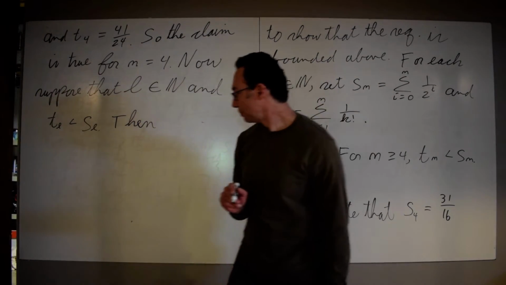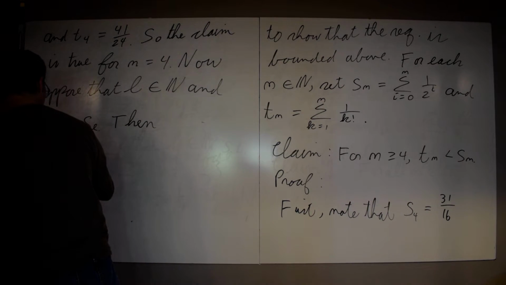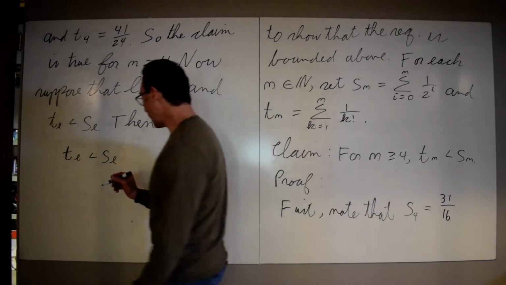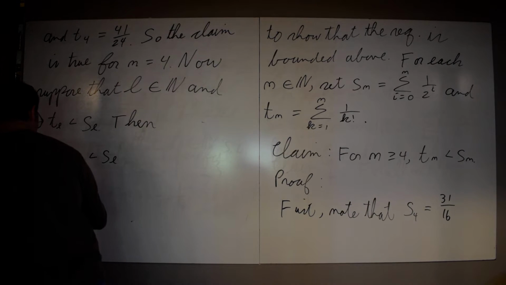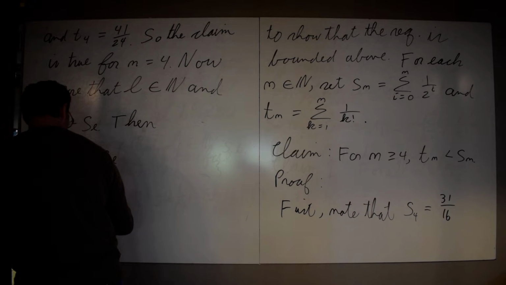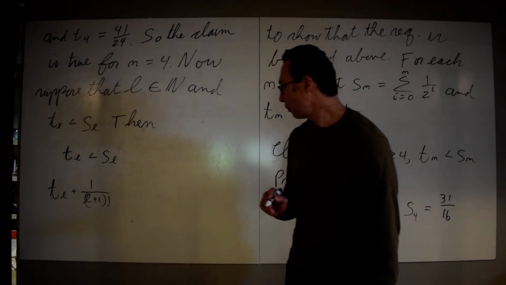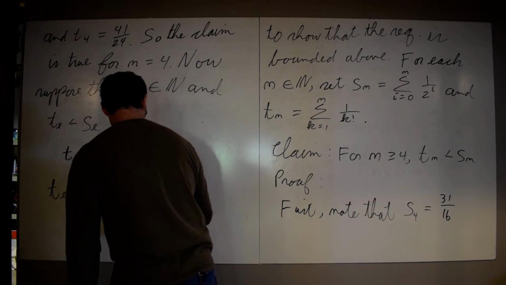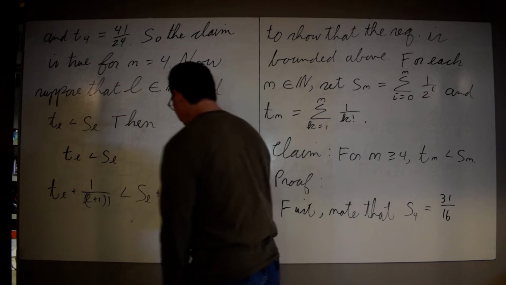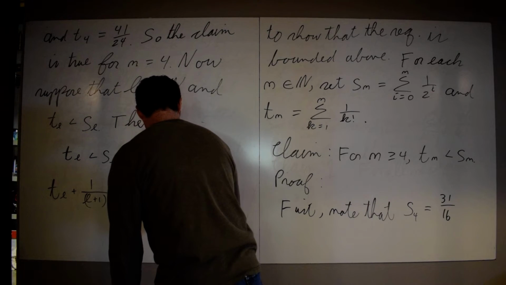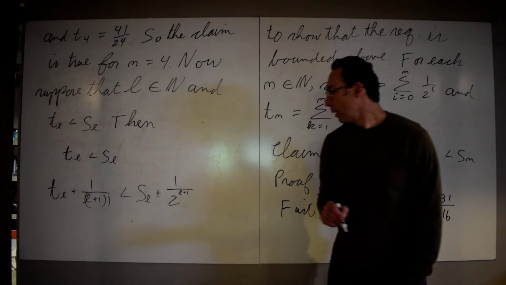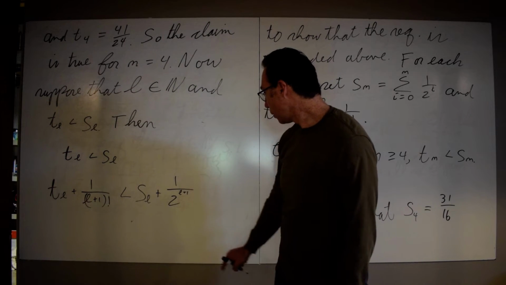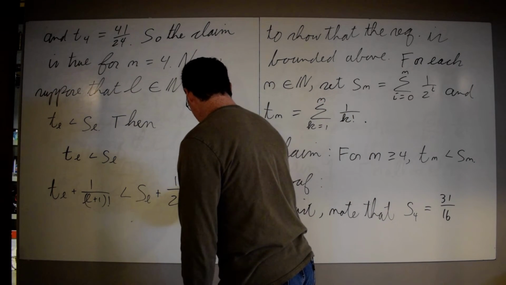Then what does this mean? Well, we start with T sub L is strictly less than S sub L. And now we'll add something on the left, T sub L plus 1 over L plus 1 factorial. And on the right, we'll add something larger, so that the left side is less than the right side. And how do we know that 1 over L plus 1 factorial is smaller than 1 over 2 to the L plus 1?